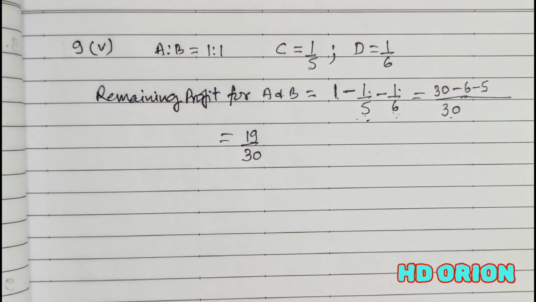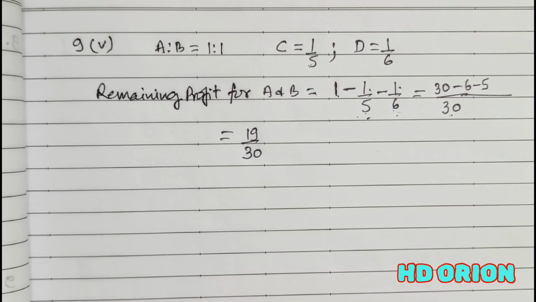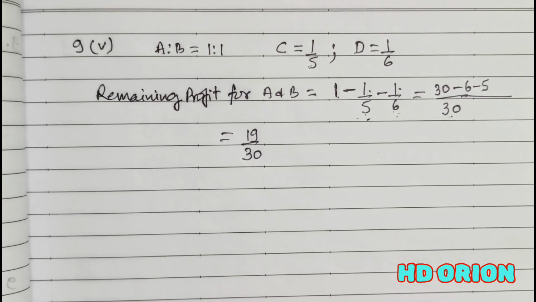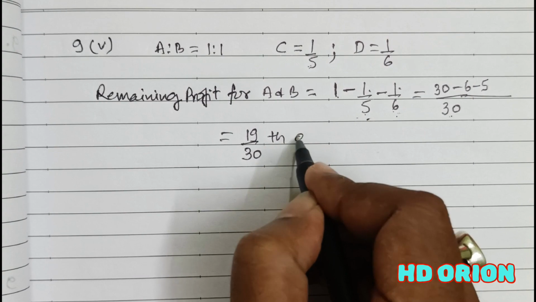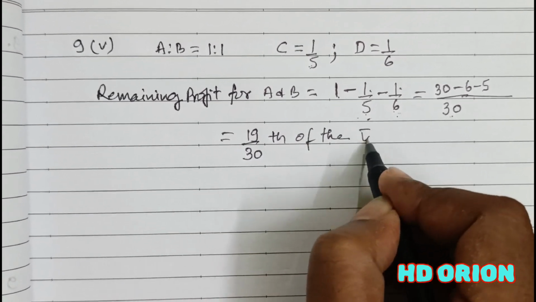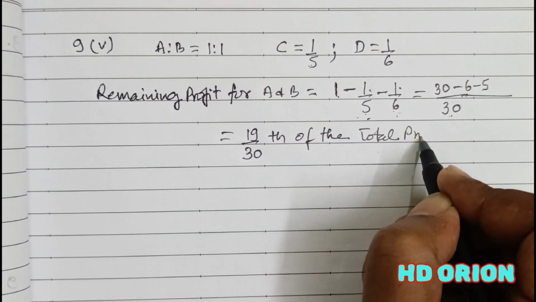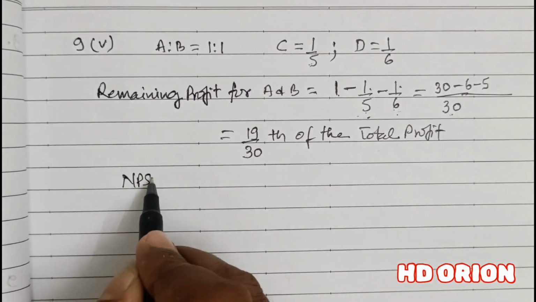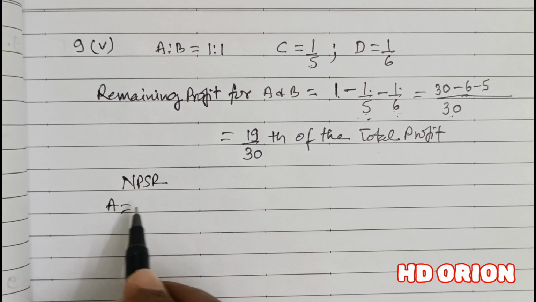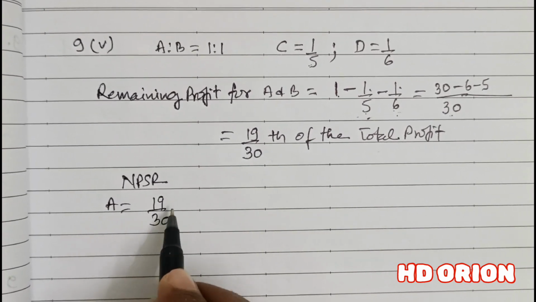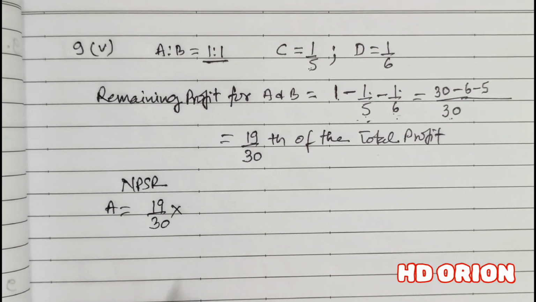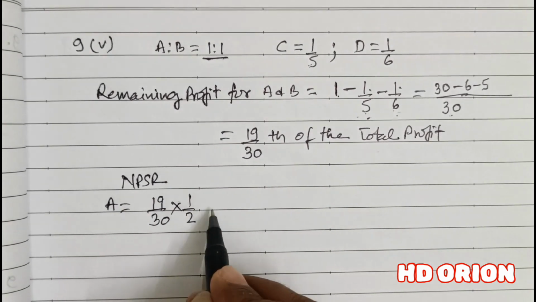So after giving C and D, the remaining profit is for A and B, which is 19 by 30th of the total profit of the firm. Therefore, new profit sharing ratio of A: 19 by 30 broken in the ratio for A and B, 1:1, that is 1 by 2.